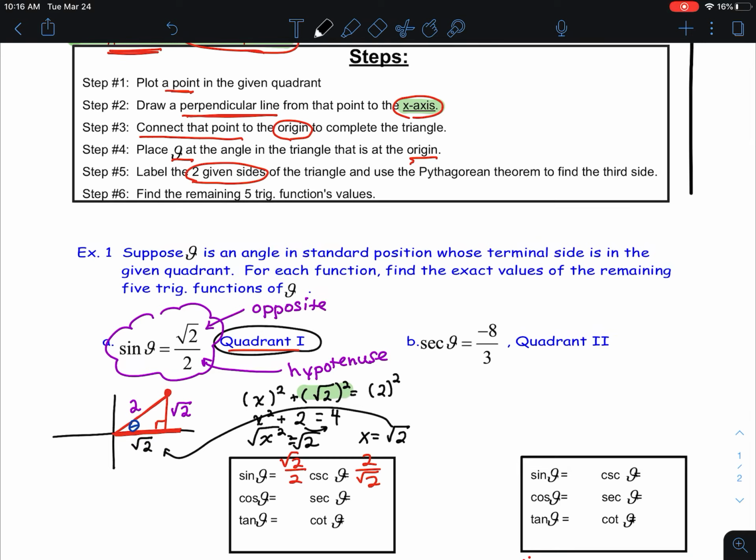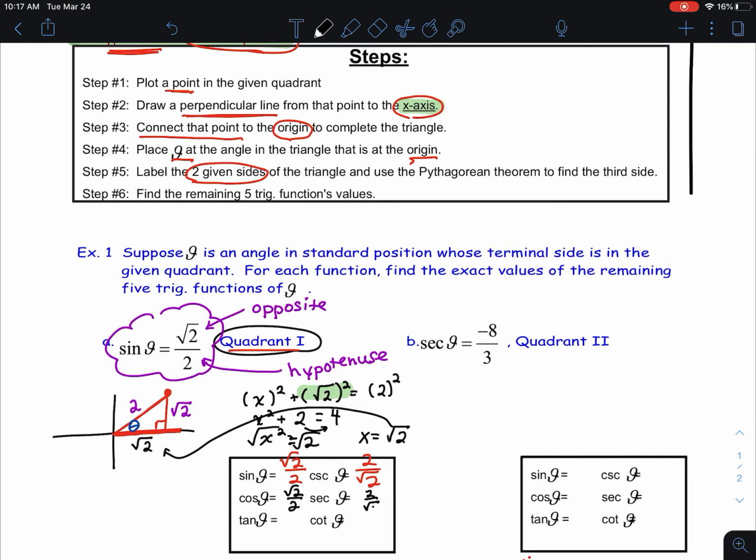Once we have all the sides, then we can go back through and easily fill in each of these other ratios. And again, I'm not really going to talk through that.